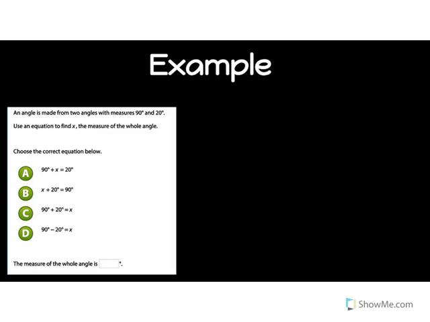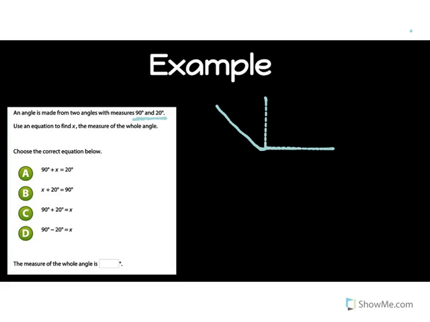All right, it says an angle is made from two angles with measures 90 and 20. So I'm going to do some visualizing here. I'm visualizing an angle that is made up of a 90-degree angle and a 20-degree angle. So I'm just kind of sketching it.